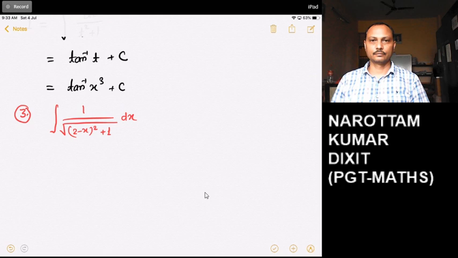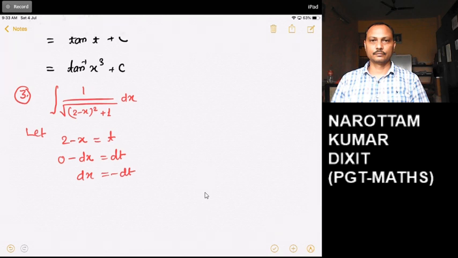So here let us take 2 minus x equal to t, then 0 minus dx is equal to dt. It gives dx is equal to minus dt. Now by the substitution, it turns into minus dt divided by under root t square plus 1.